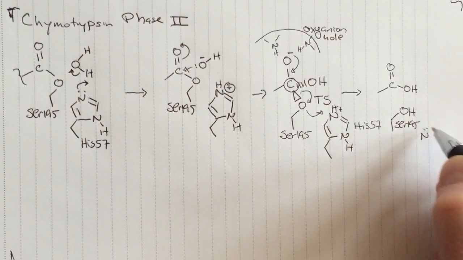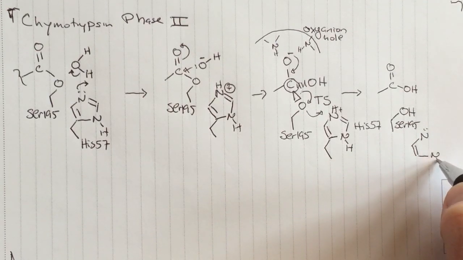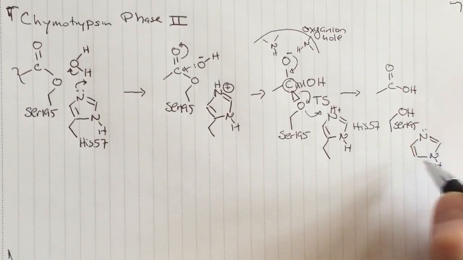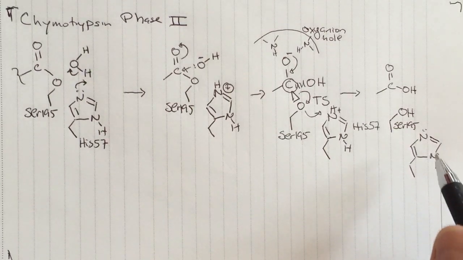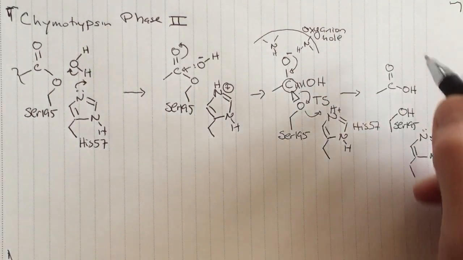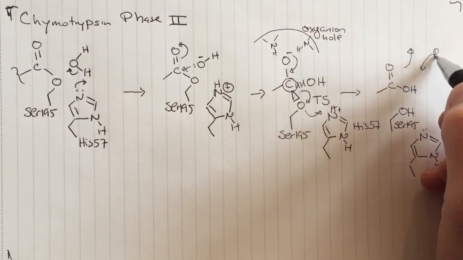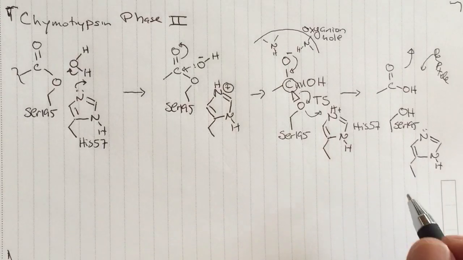And histidine 57 is back in its deprotonated form. So in other words, it can act again as a catalytic base. So once this leaves the active site and is replaced by a new peptide bond, we're ready to start the whole reaction cycle over again.